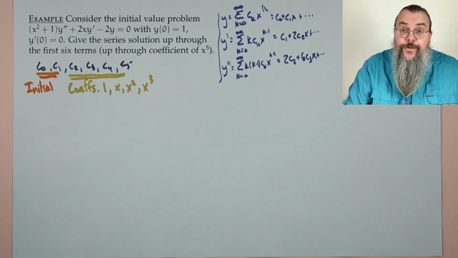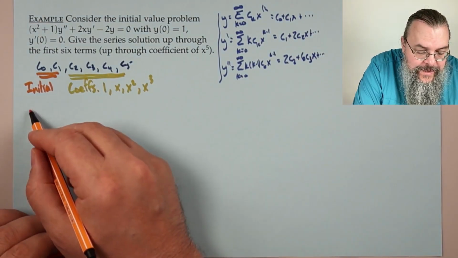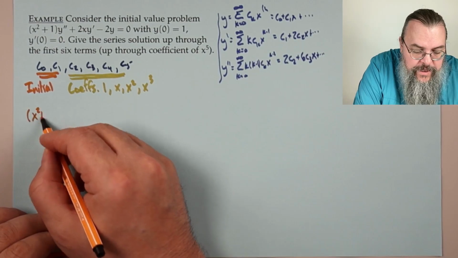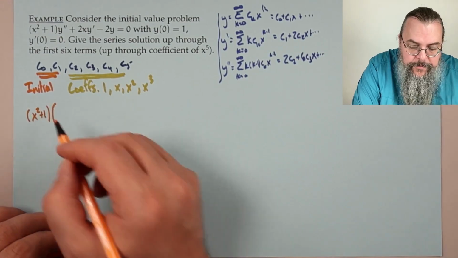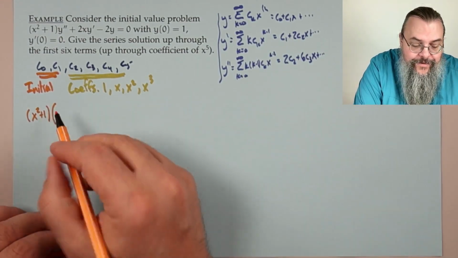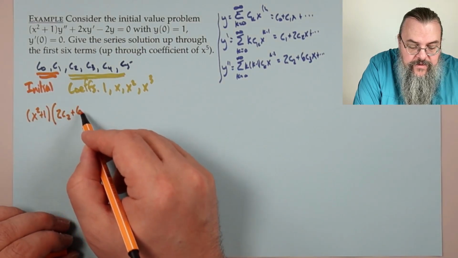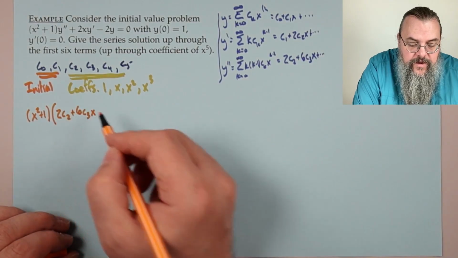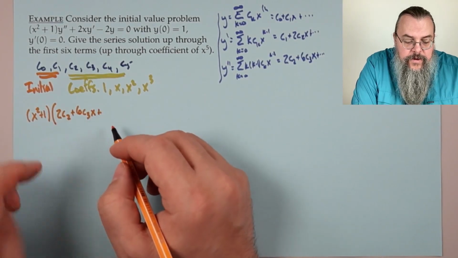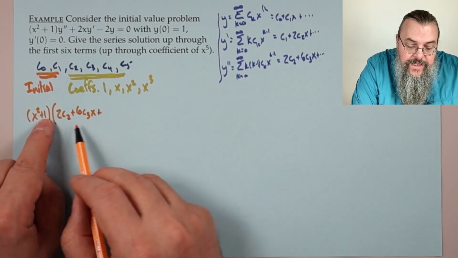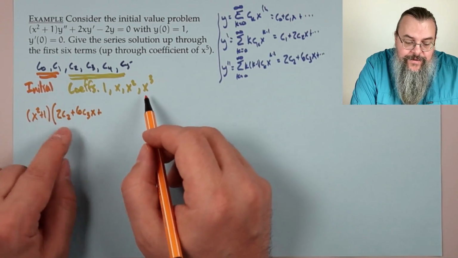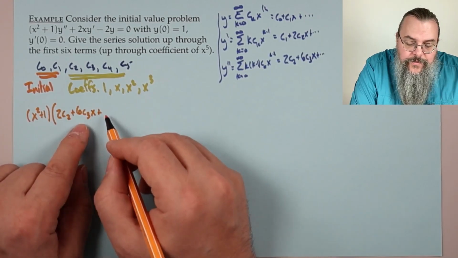All right, so let's write our terms down. We have x squared plus 1, and now we're going to multiply it by y double prime, which starts as 2c2 plus 6c3x plus, now because we're multiplying by 1, we need to keep going up to the x cubed. So you have to figure out the pattern.